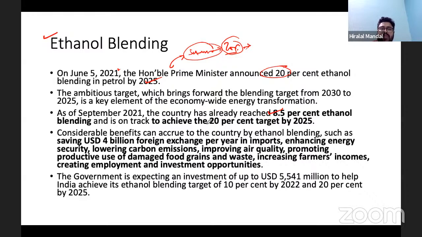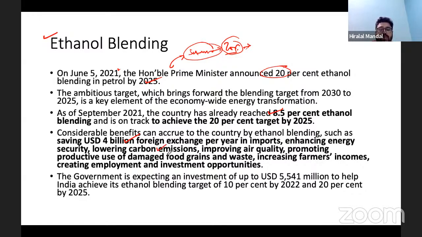So it is expected that after October 2022, if a company has not blended 10% ethanol, then an extra charge will be levied. In a way, it can save the government a huge amount of money, to the tune of $4 billion in foreign exchange, which we use in importing oil.